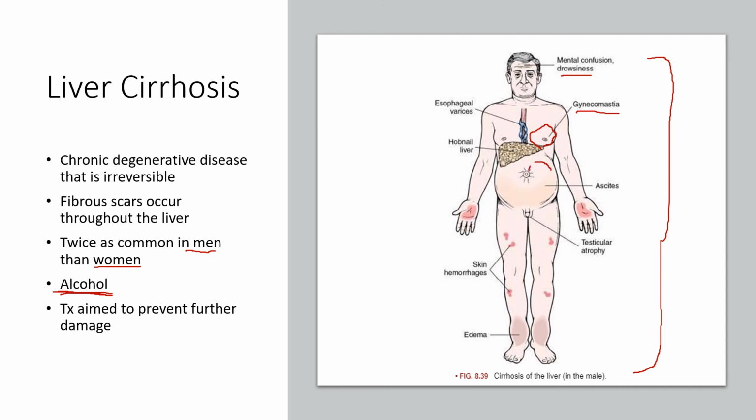You can have these spider-like veins coming out of the umbilicus and distension of the abdomen. Testicular atrophy, so the testicles start to decrease in size. Skin hemorrhages can break out, and the patient can get bilateral edema, especially in the lower extremities around the feet. The hobnail liver, that is when the fibrous scar tissue is taking over and kind of remodeling the liver.